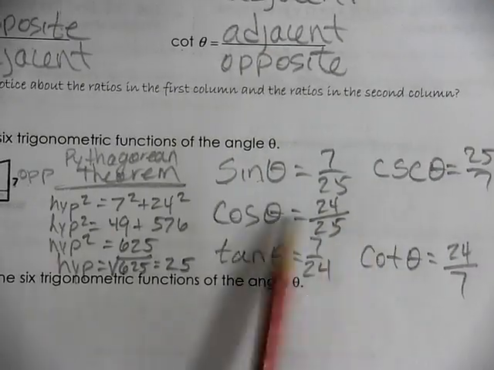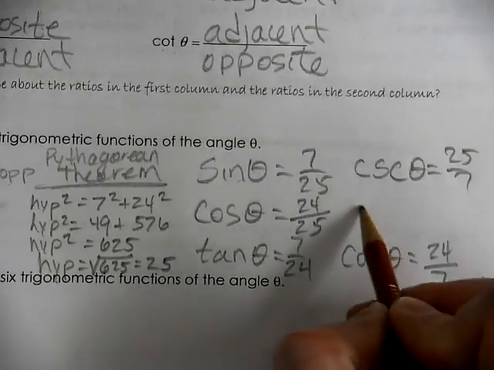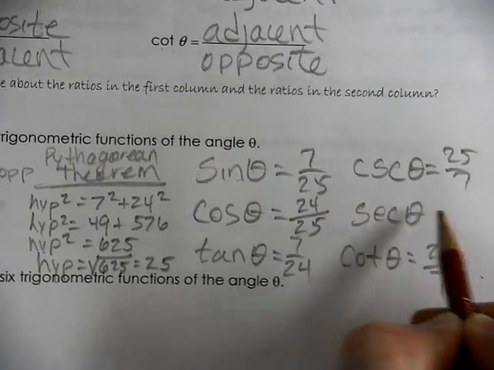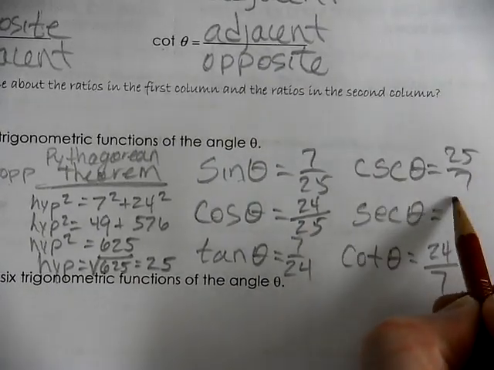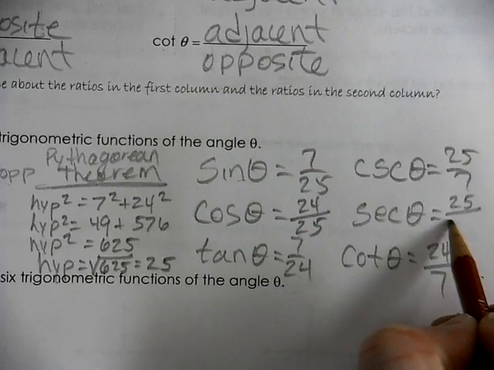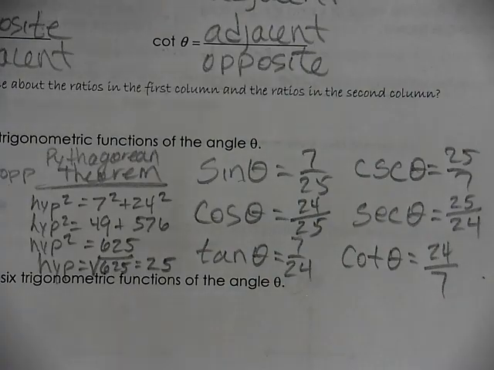Cosine is related to what other trig ratio? Secant, and that's the reciprocal of cosine. So there we are. We found our 6 trig ratios.